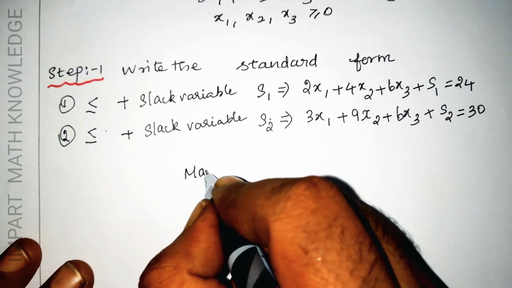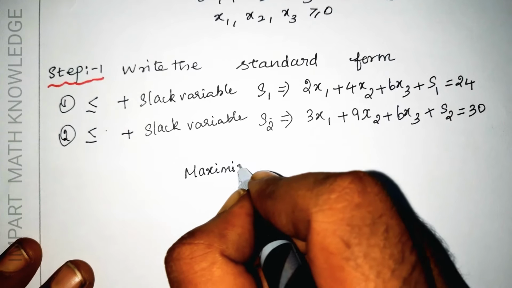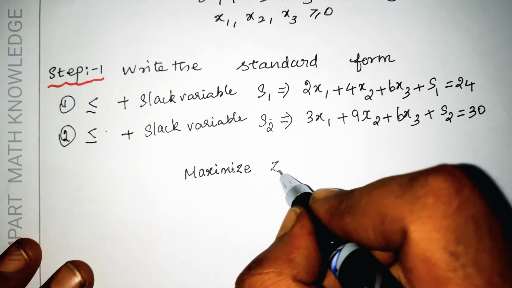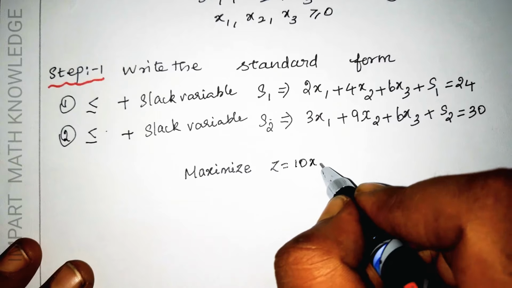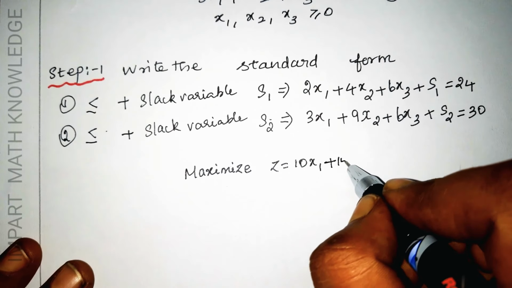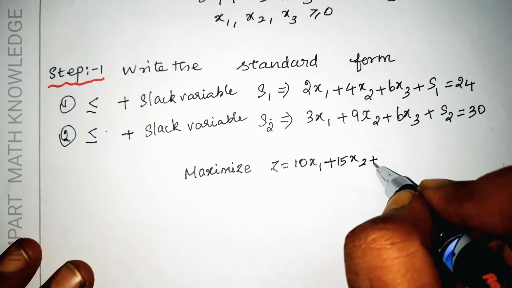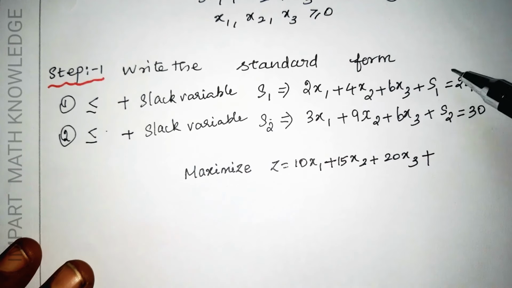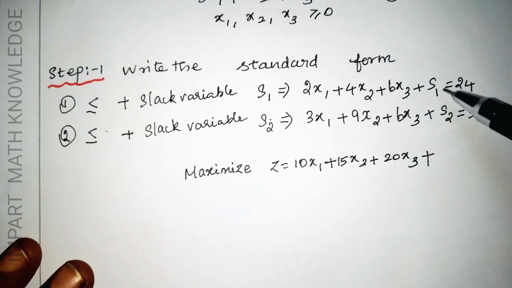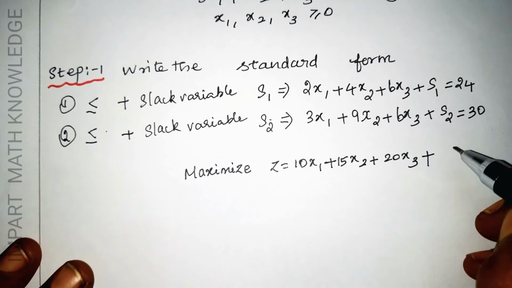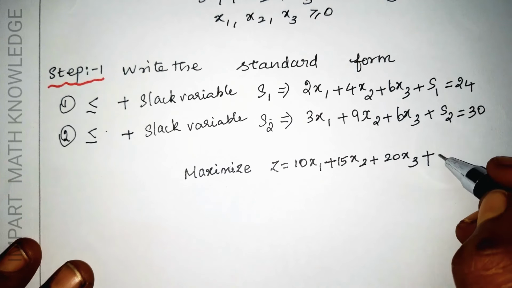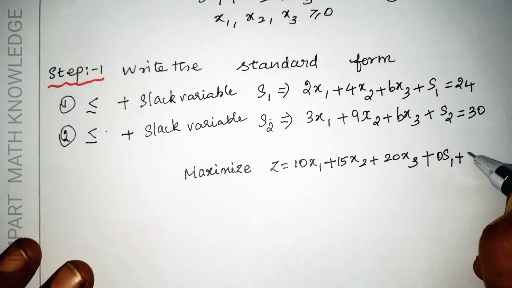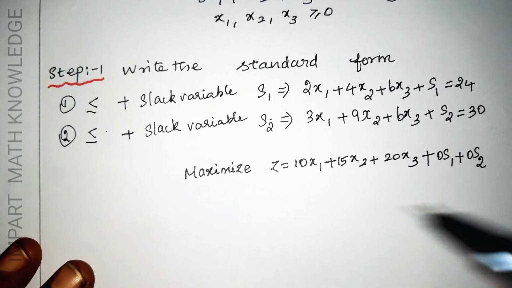Objective function is maximize z is equal to 10x1 plus 15x2 plus 20x3. Here we are introducing two new variables s1 and s2. So the cost for those two variables are 0 s1 plus 0 s2.